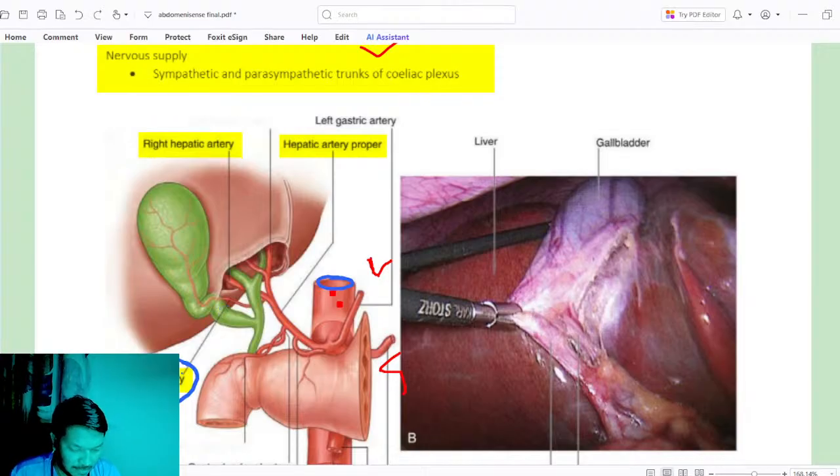So this is unpredictable. That's why accidents happen, because the surgeon thinks generally cystic artery comes from the right hepatic artery, so they approach in that manner. But sometimes we have to make a window here. If there is any anomaly, it will be difficult.